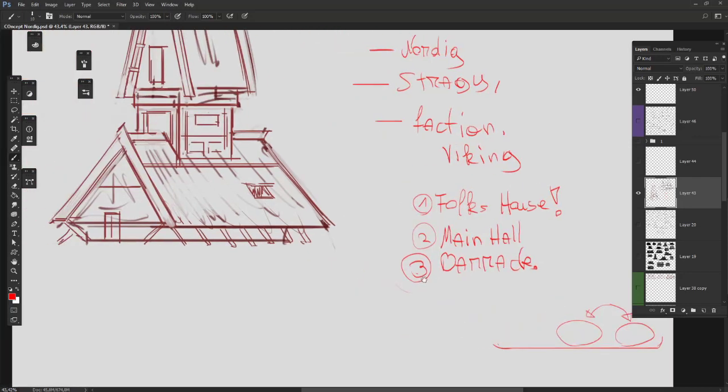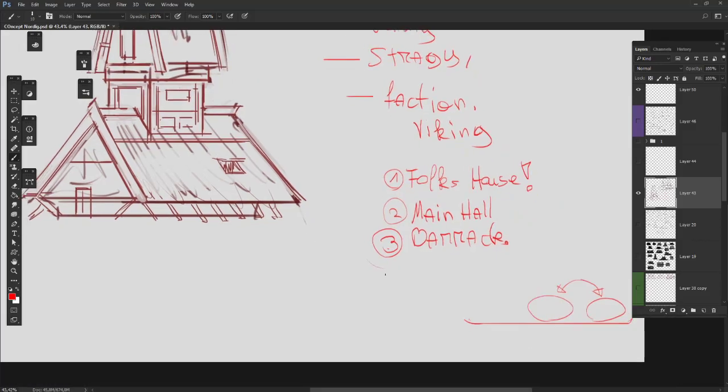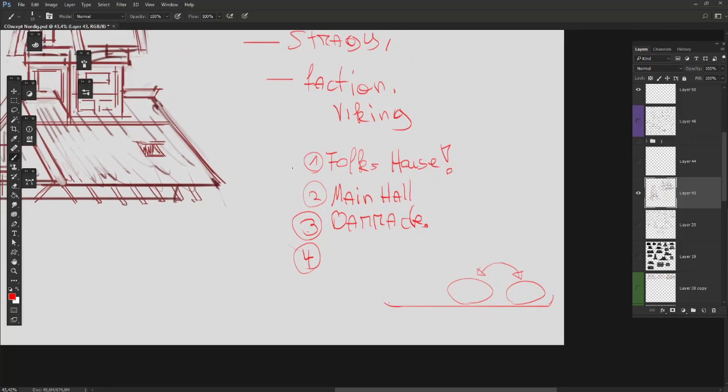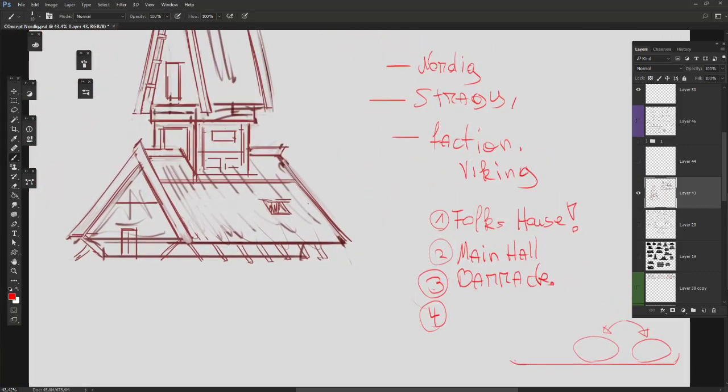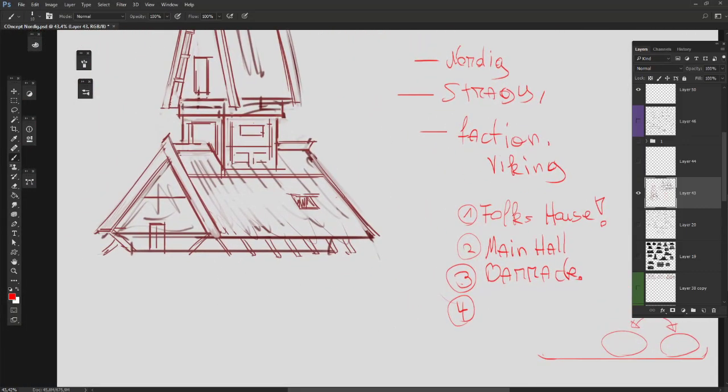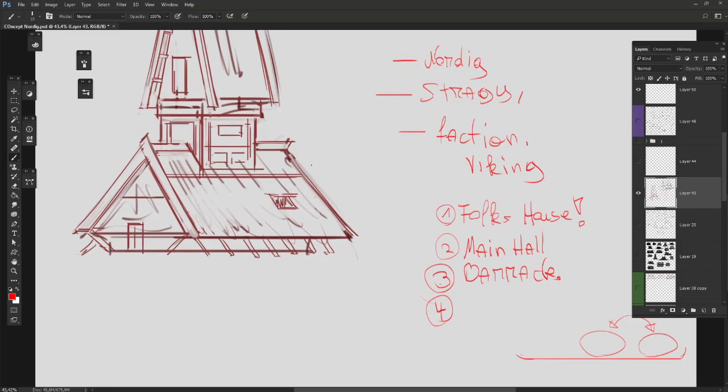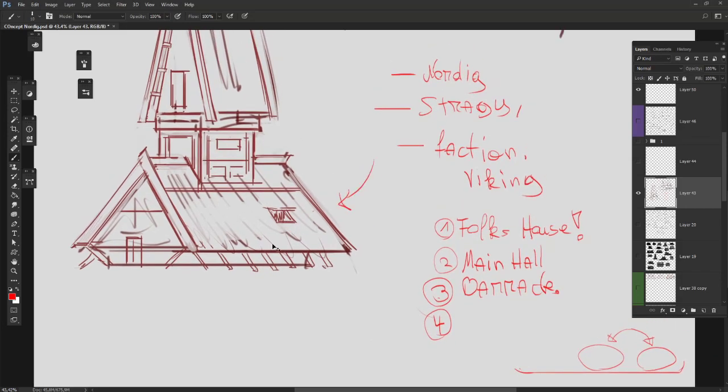Or we can do everything in one building, but I would not recommend that one, because then you need to make a way bigger building, if you try to fit everything in one design. For example, the building is just for one thing. You want to make a strategy game where one object supports everything.